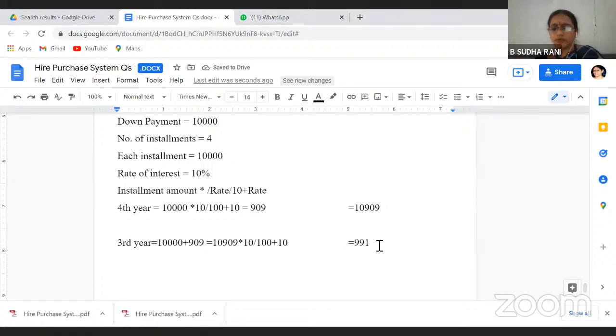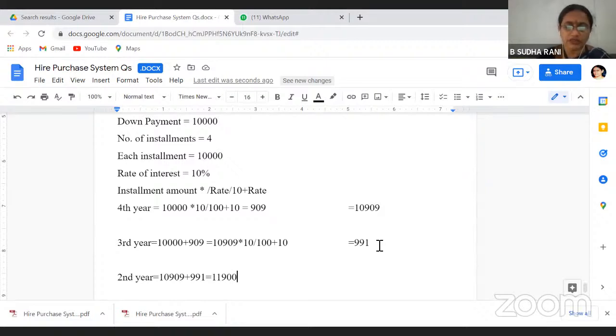Now again, second year. To the 10,909, add 991. How much are you getting? 11,900.